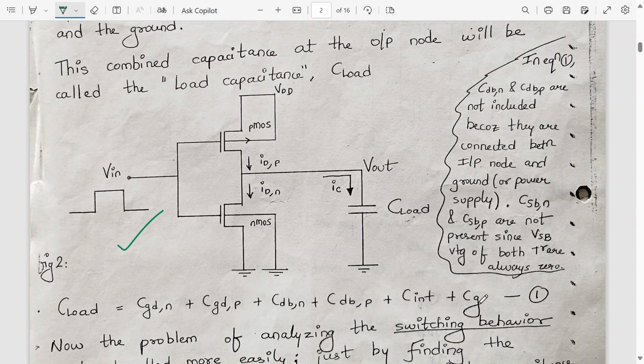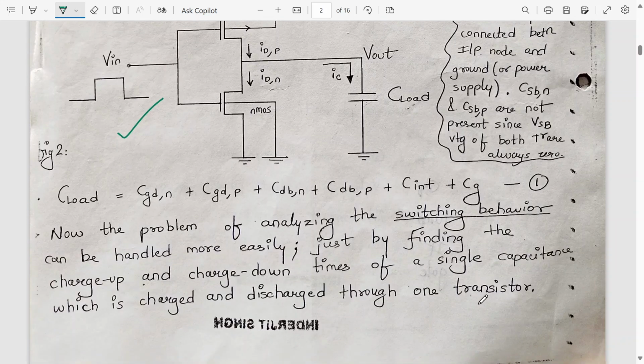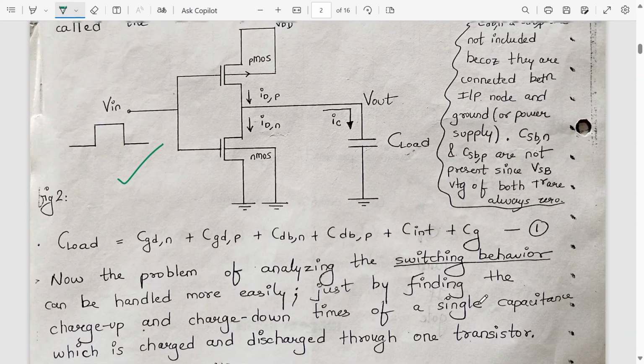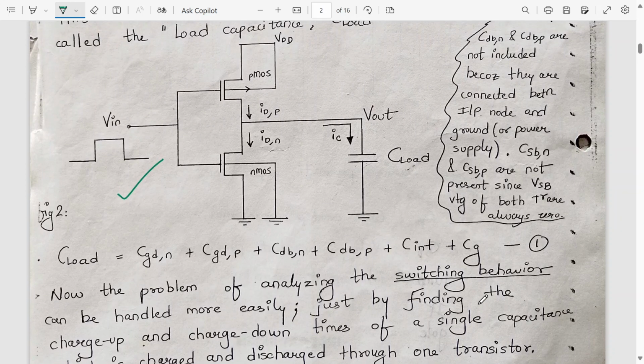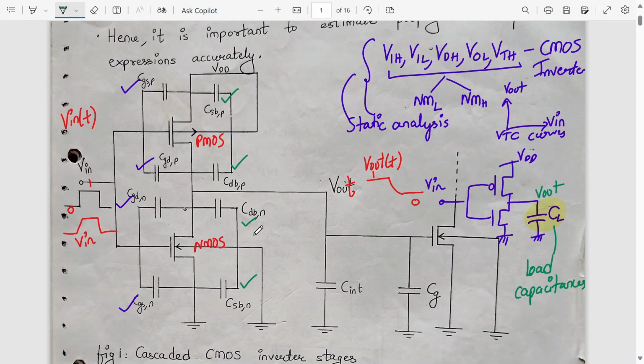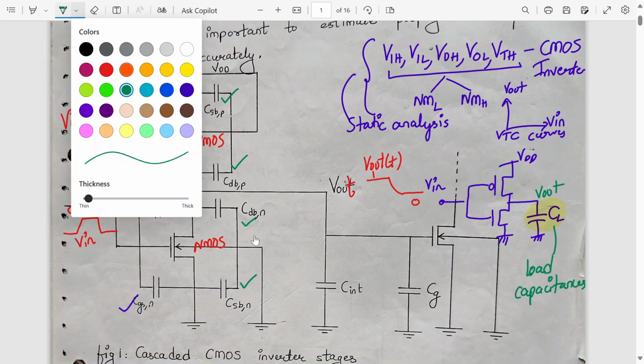You remember two of the capacitances are missing. Why are they missing? CDBN and CDBP, CSBN. These capacitances are not present. Let me mark it.